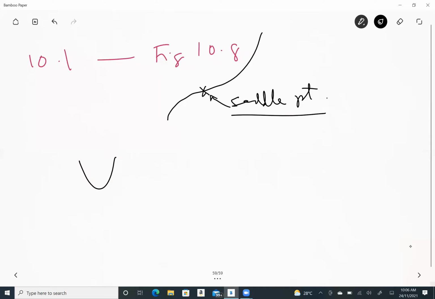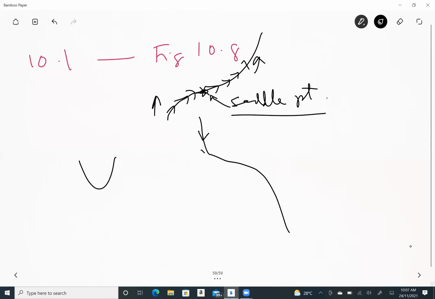So if you look at this curve here, it's going up, reaching that critical point. Now it's supposed to go down, right? But it continues to go up. So that is a saddle point. Here you see it's going up. On the right side, it's also going up. Or you can have something like this.